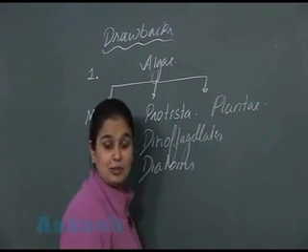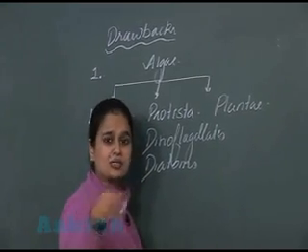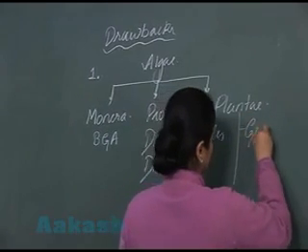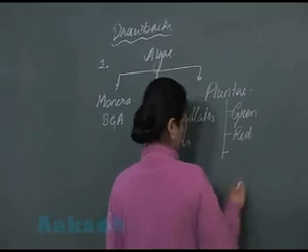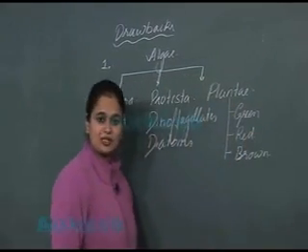Now the last group where algae was placed is Plantae. Under the Plantae there was placement of eukaryotic algae which is generally multicellular and includes green alga, red alga and brown alga. Got this?